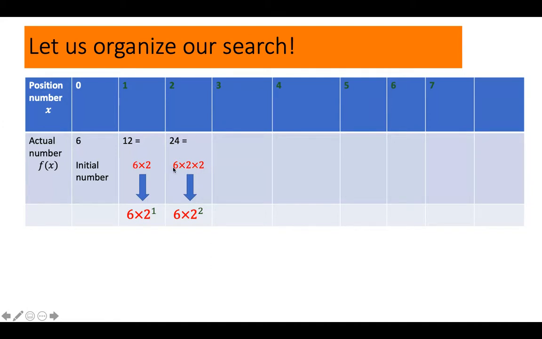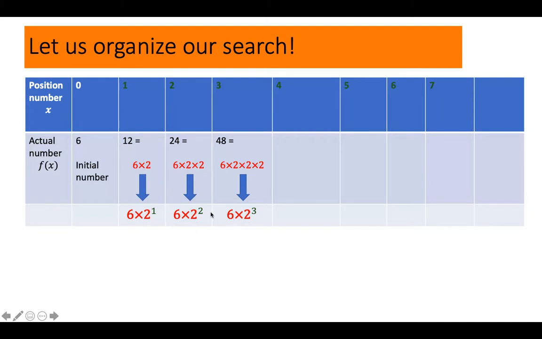And now concentrate here, because my next answer will be this times 2, right? Remember, each time we are multiplying by 2. So 48 will be 6 times 2 times 2, the one before, multiplied by 2. And now, since we have 3 of those 2's multiplied by themselves, we can write that as 6 times 2 to the third power. So now we look at these exponents and we see a connection.